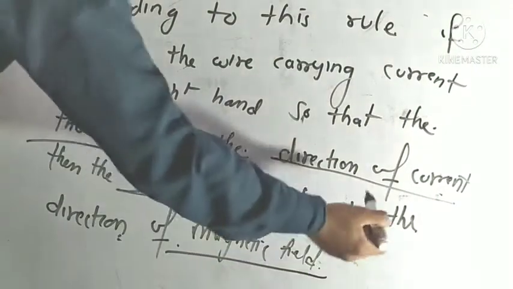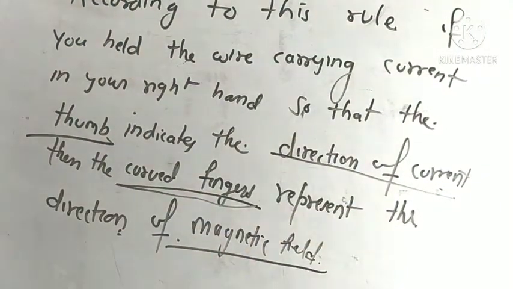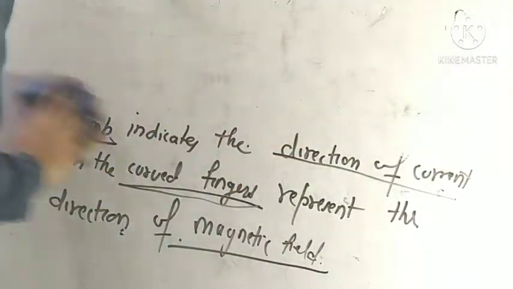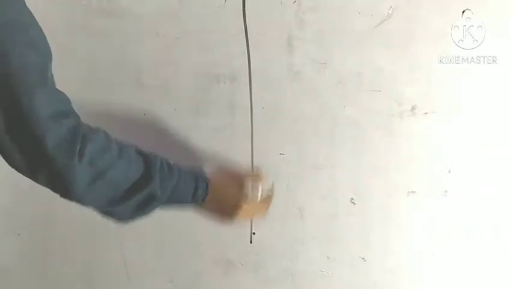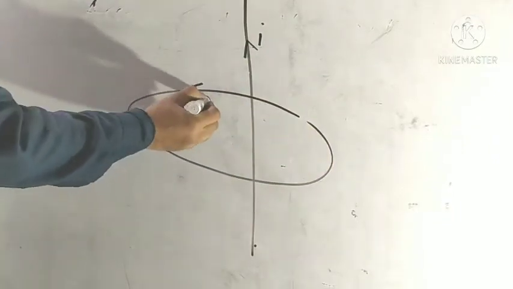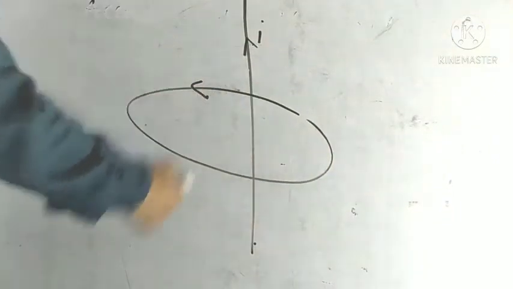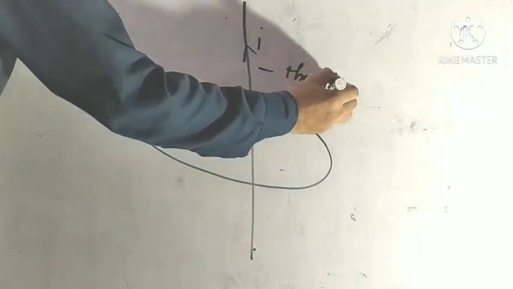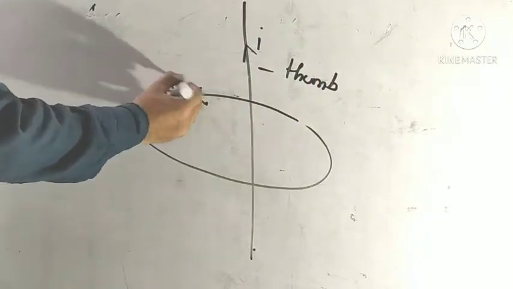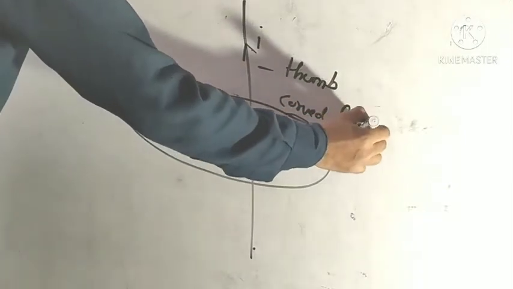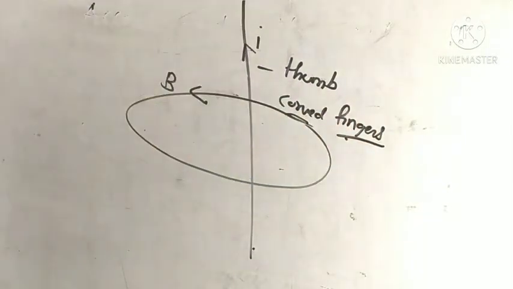I mean, we take any wire here, the direction of current along this direction and the magnetic field along this direction, along the curved fingers. This current is indicated by the thumb, and the magnetic field direction is along the curved fingers.